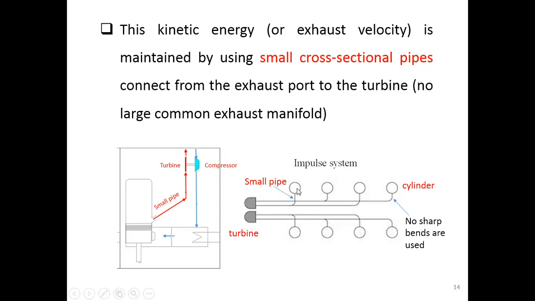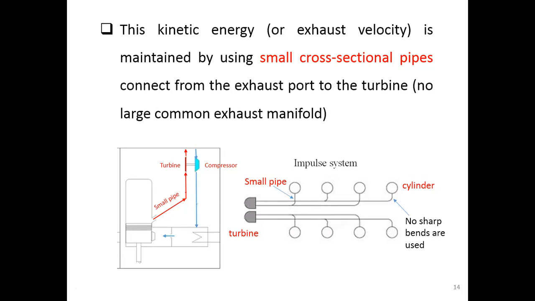When the first exhaust comes out from these cylinders, it will flow in the small pipe throughout, before flowing into the turbine here. So the kinetic energy is kept constant. The second exhaust that flows out from another cylinder is kept far away from the first cylinder, so these two exhaust flows will not overlap.